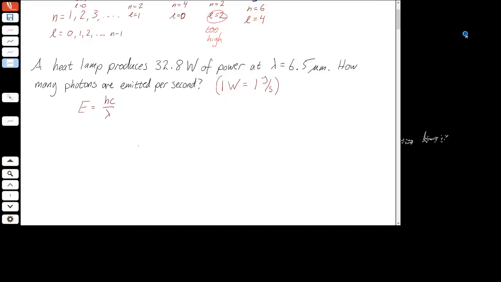So what is that energy when we use this equation? What are we finding the energy of? Of a photon. This is the energy of an individual photon. So when we use that equation, we're saying, what is the energy of that specific packet of light, that photon with that wavelength? And yes, I agree that is a good place to start. So let's do that.